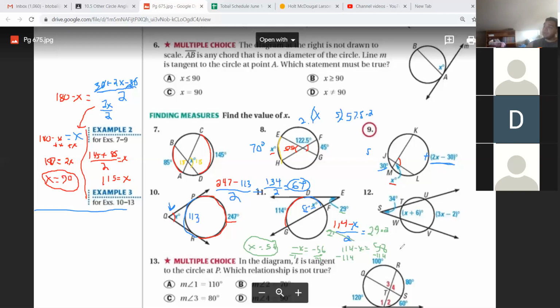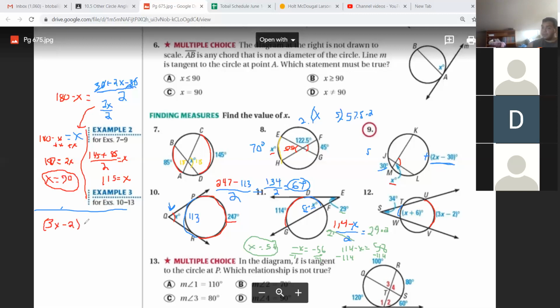All right, let's go to 12. Let me clear this up. Or I'll just do it here. All right, number 12, we have our larger arc, UV, and we're going to subtract it from our smaller arc, TW. So UV is 3x minus 2, and I'm doing it over here on the left.